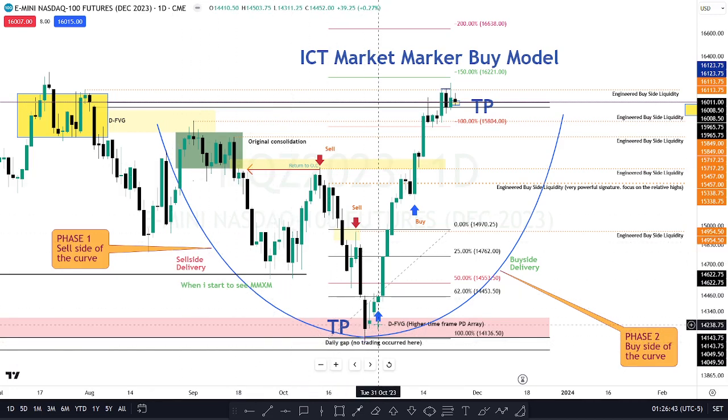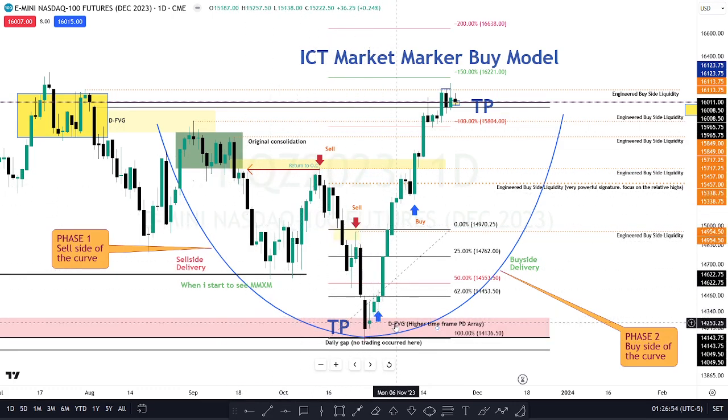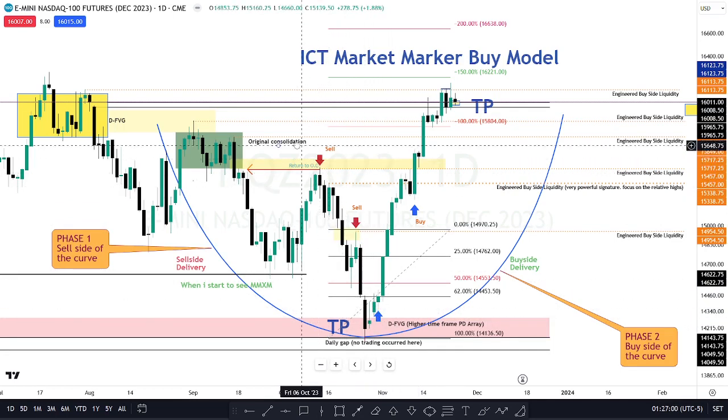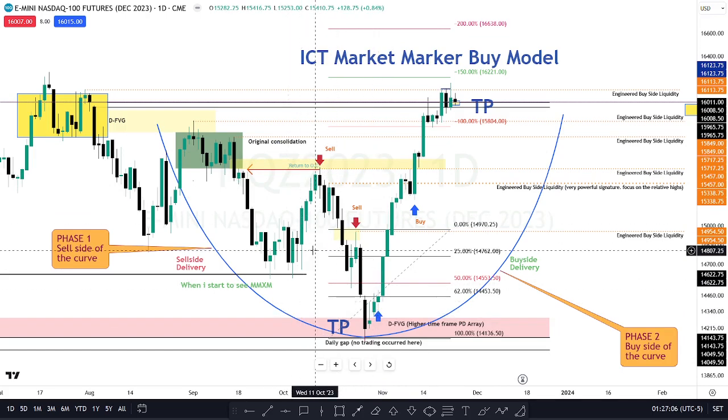So how do we utilize the sell side of the curve to buy? As the market is moving towards our draw on liquidity, the highs that are created we call the engineered buy side liquidity, so we'll utilize that as a reference. As I explained before, I like to take this and use it as an inverse, rather than leaving it as it is.